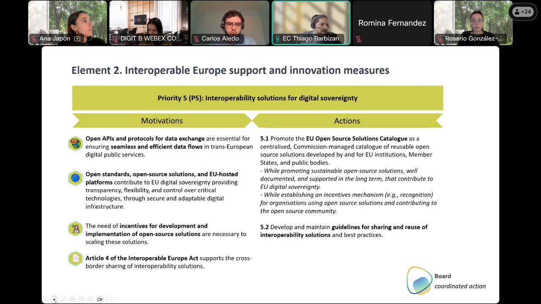Then there is the other action that is the guidelines for sharing and reuse of interoperability solutions. So if I have all these solutions available, how do I use them? What will guide my decision on what is the most appropriate for my case? How do I maybe share solutions that I developed with other member states?